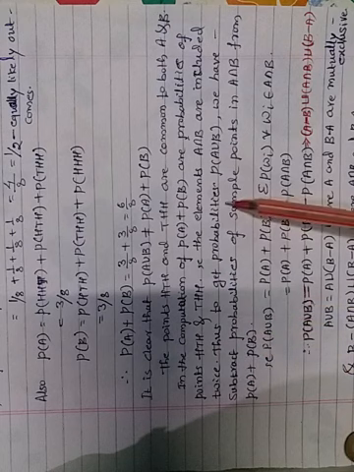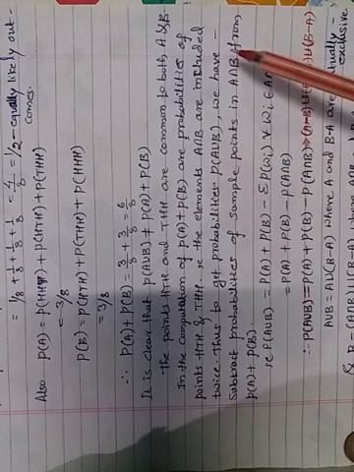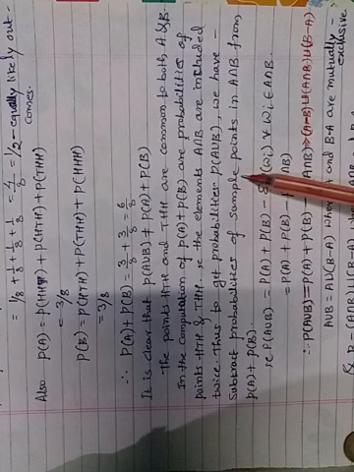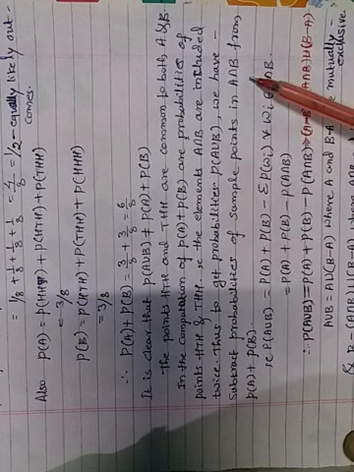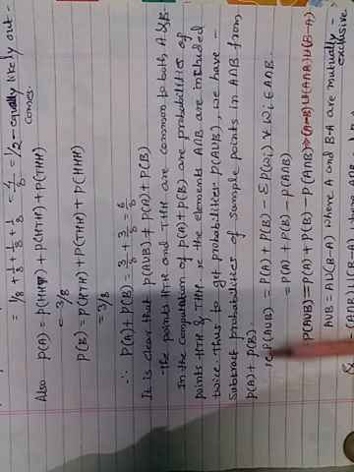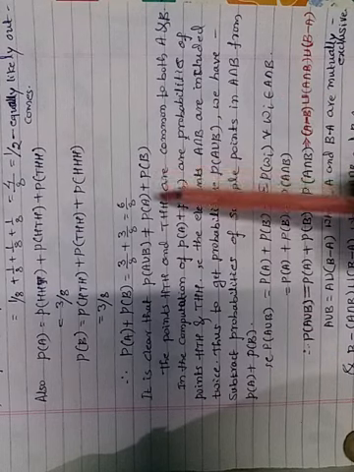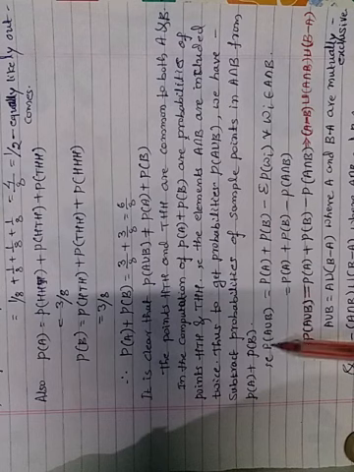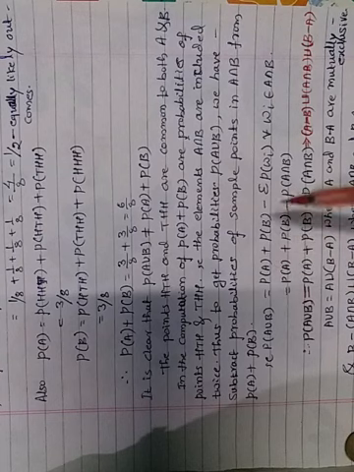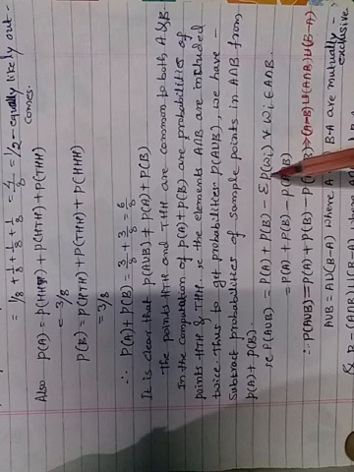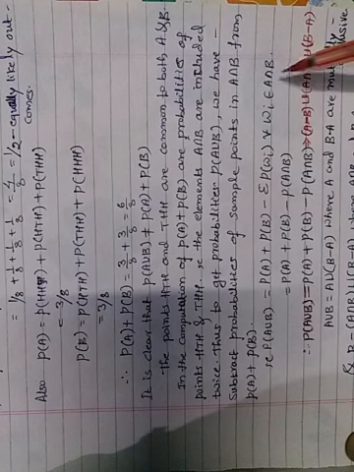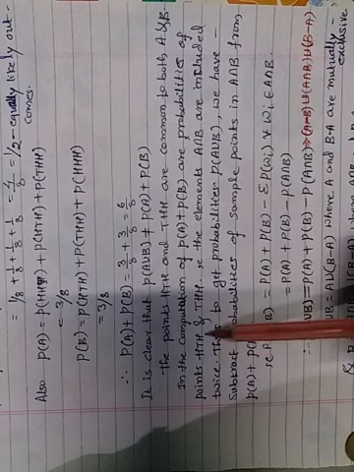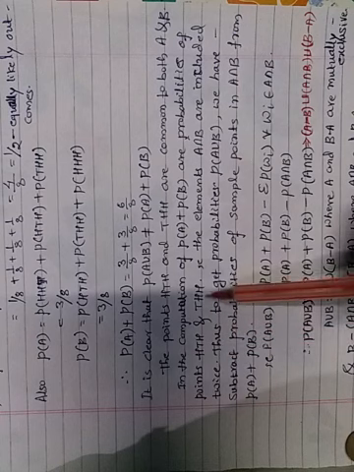Thus, to get the probability of A union B, we have to subtract the probabilities of sample points in A intersection B from P of A plus P of B. So P of A union B equals the probability of A plus the probability of B minus the summation of the probability of omega i, where omega i belongs to A intersection B. This is nothing but the 2 points that are common in set A and set B.